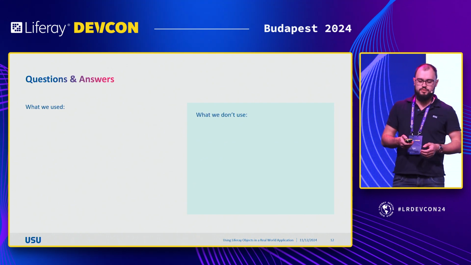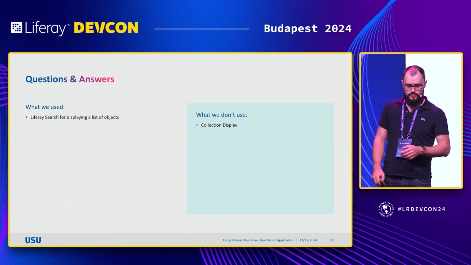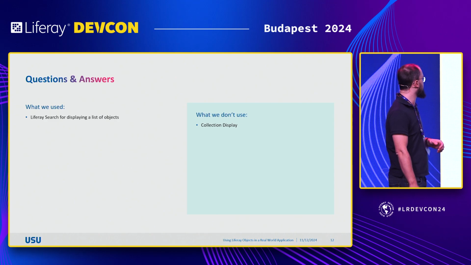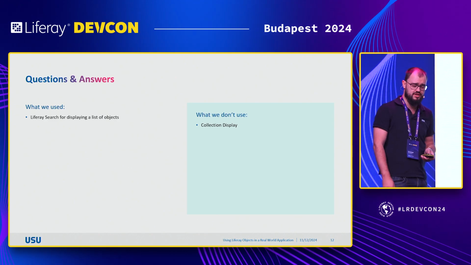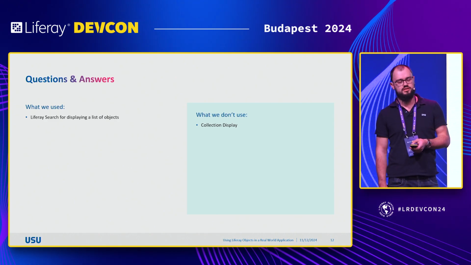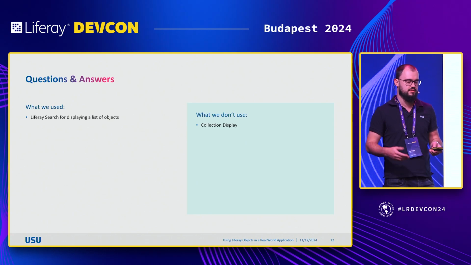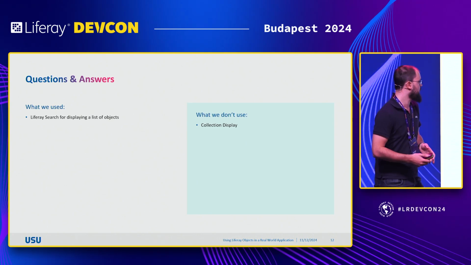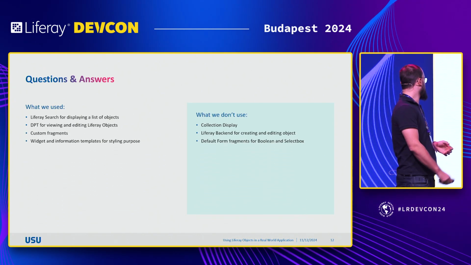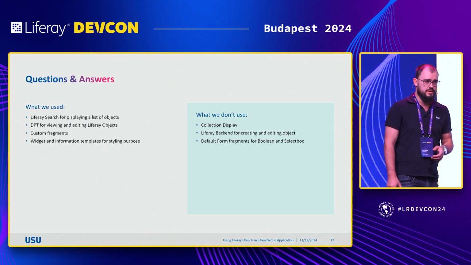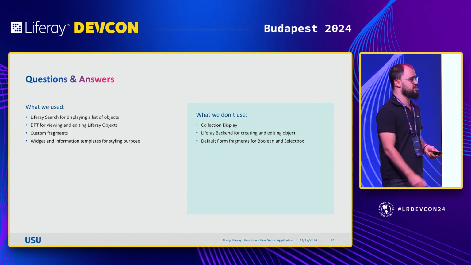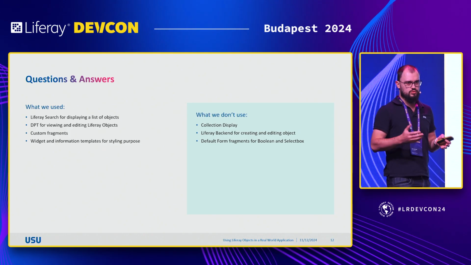So, a quick summary: what we used, what we don't use. We used the Liferay search for displaying the objects, because the collection display doesn't fit our needs with the customization and styling. We used the display page template for editing the object, because it's a really simple object.